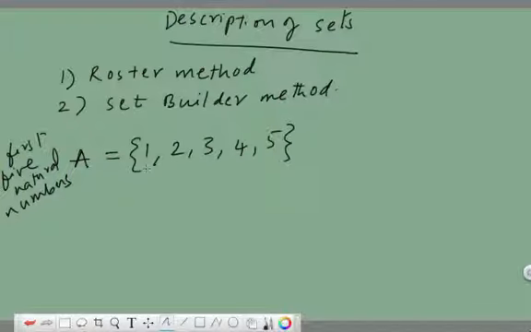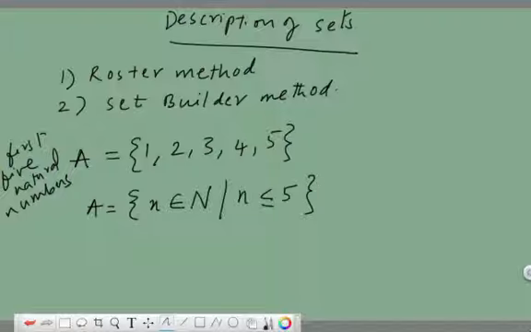This is roster method. The same thing can be represented in the set builder form, and in a set builder form elements are described by means of a property which defines those elements. So what do I mean? So let's see that example. So we define the same thing in set builder form as follows. We say {n : n belongs to capital N where n is less than or equal to 5}.